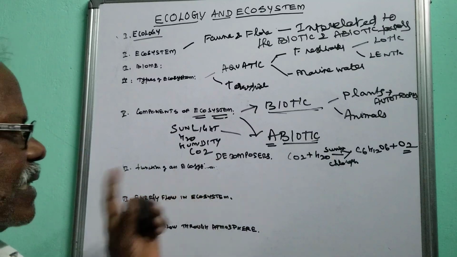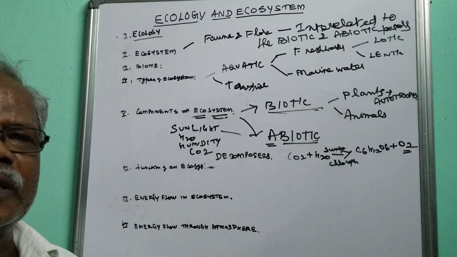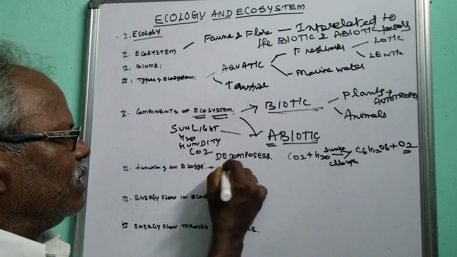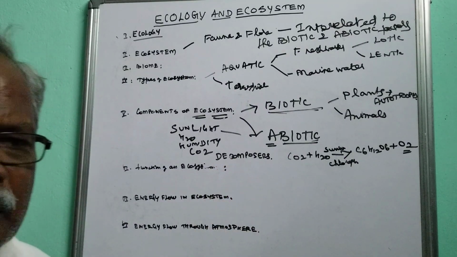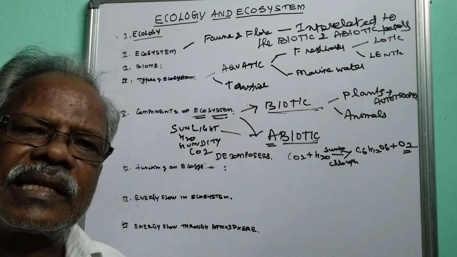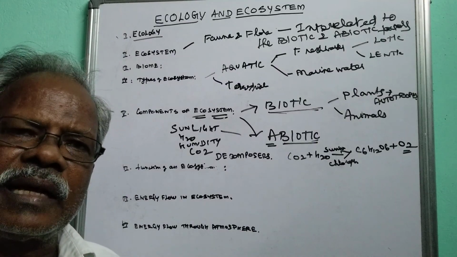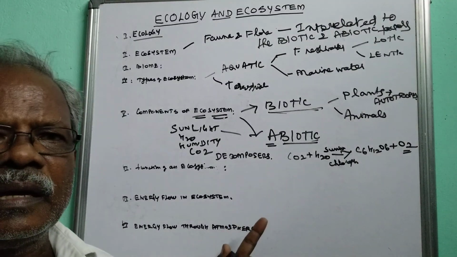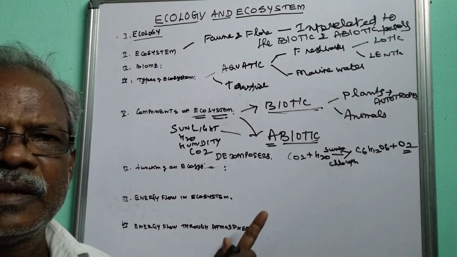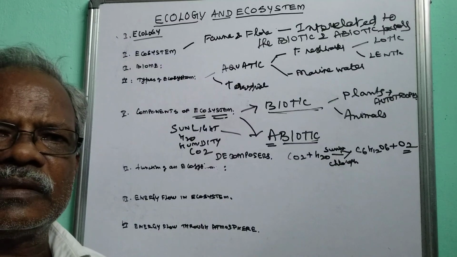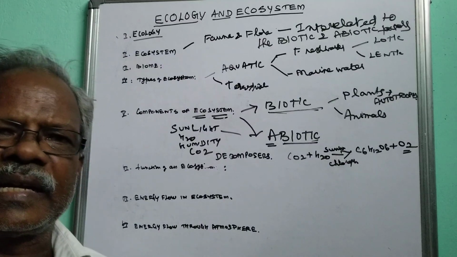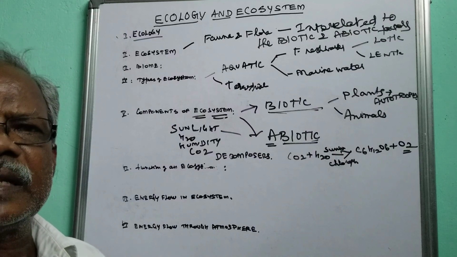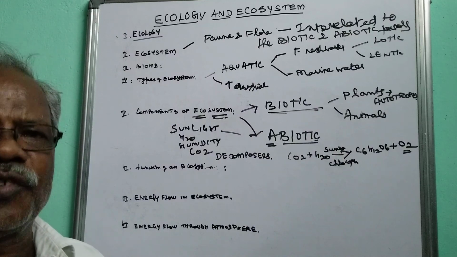And the function of an ecosystem: what is the use of an ecosystem? If the ecosystem is not found, then we cannot see the plants and animals in the realm of the world. Without the ecosystem, there is no possibility of plants and animals. So the ecosystem nurtures the fauna and flora.